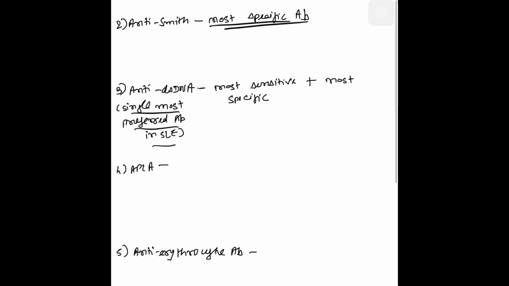Okay, and another point, titers of anti-dsDNA are directly proportional to the involvement of CNS and renal system.